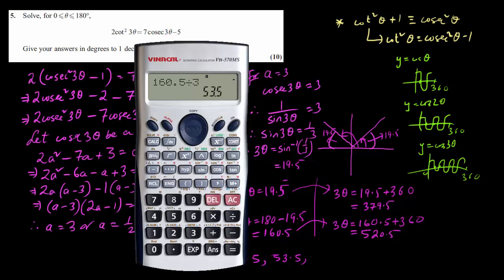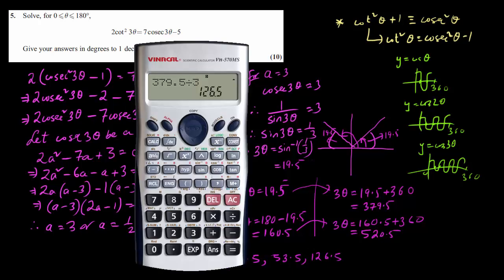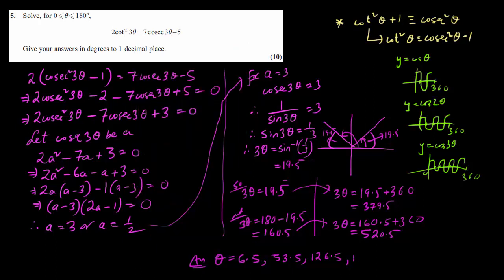The next one is 379.5 divided by 3, that is 126.5 degrees. Then 520.5 divided by 3 is 173.5 degrees. So it indeed is within the range. That is to 1 decimal place.